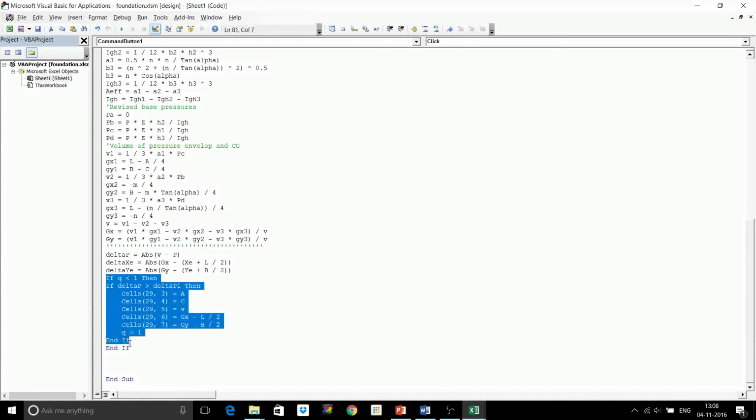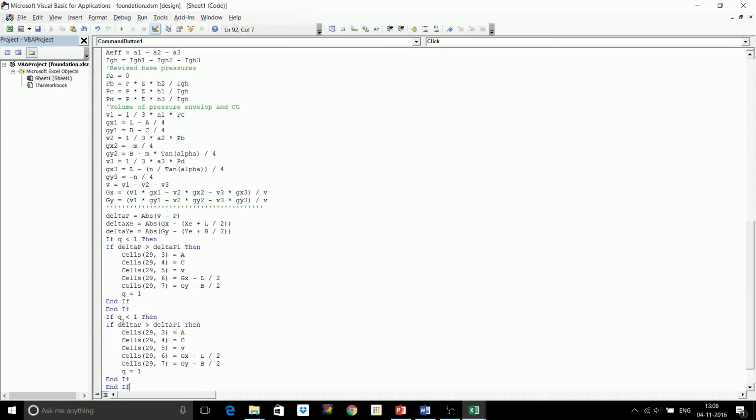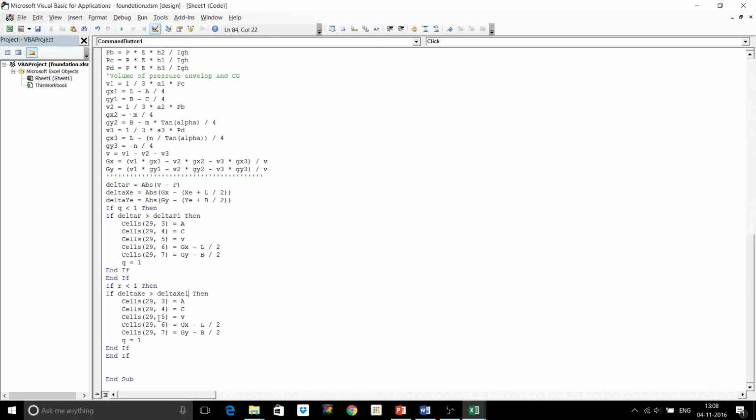Then next condition I will put here, Q, and here will be R. Instead of delta P I will put XE1, R, and put it in next row.